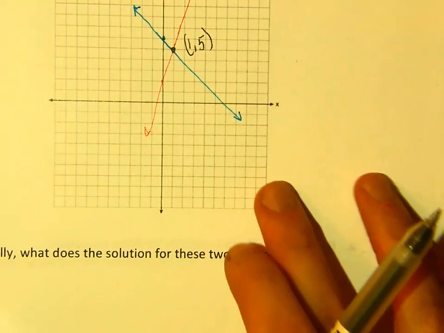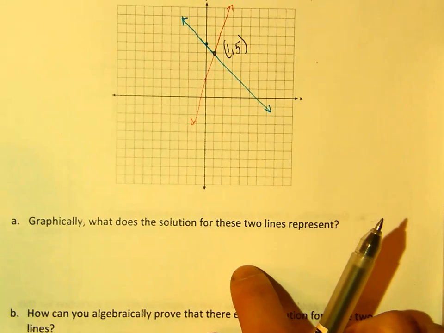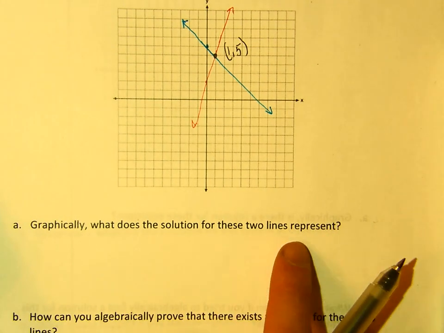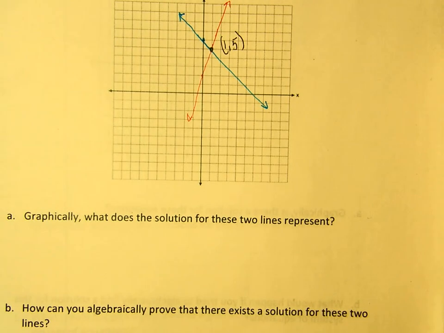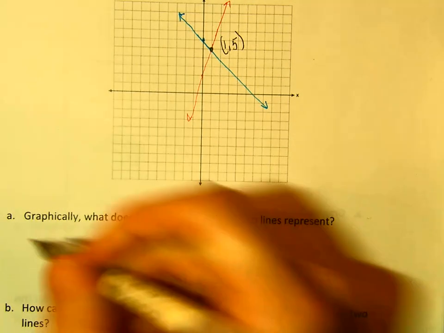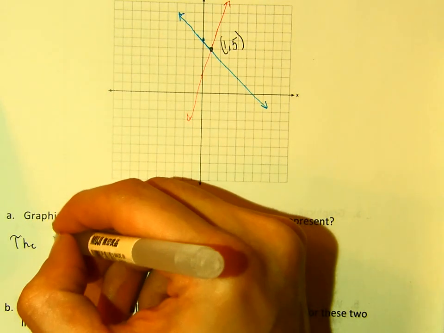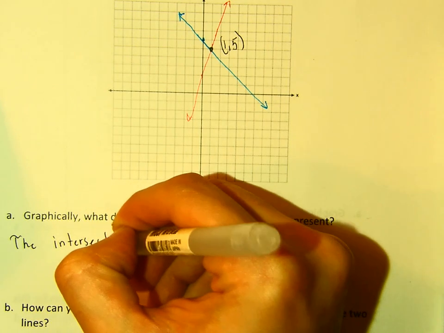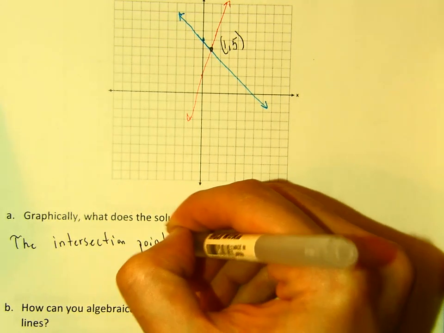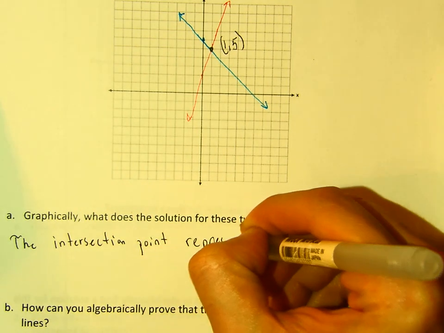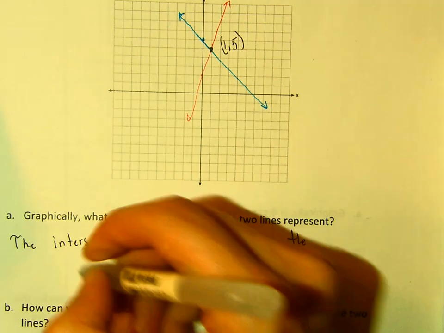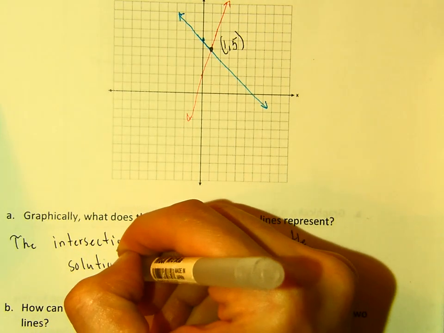Okay, so let's take a look at the next part. It's asking what the solution, graphically, for these two lines represents. The intersection point represents the solution for the equation.